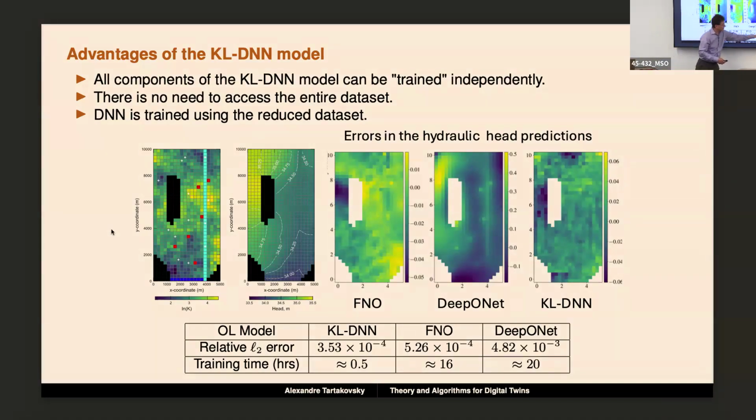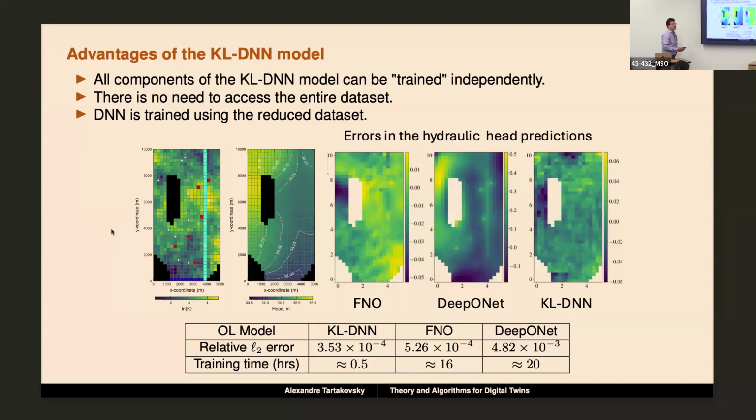DeepONet again has one order of magnitude larger errors than these two models. So we can say that KLDNN has a similar accuracy; in this case it's slightly more accurate, but we didn't really try to make it more accurate. But the most important difference is in the computational time. KLDNN is 32 times faster than FNO to train and almost 40 times faster than DeepONet.